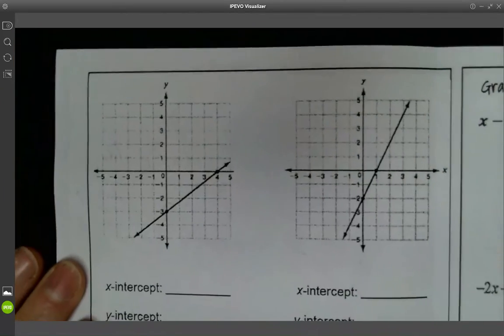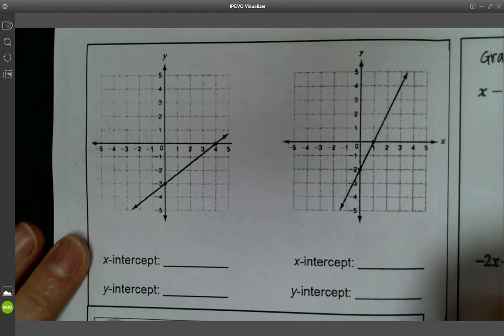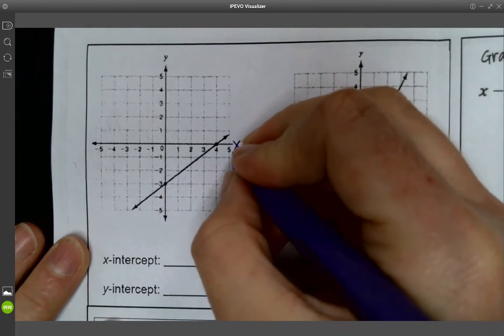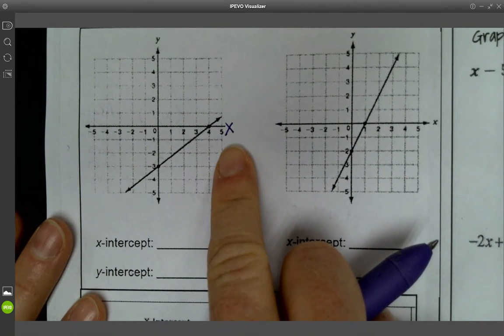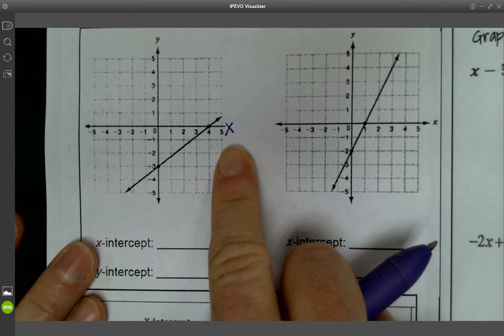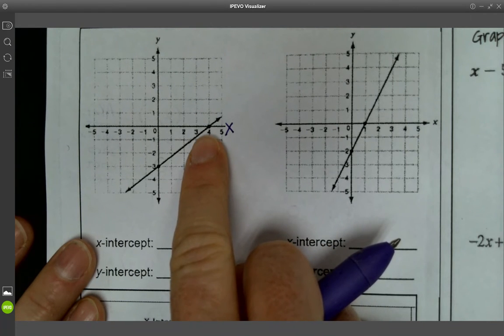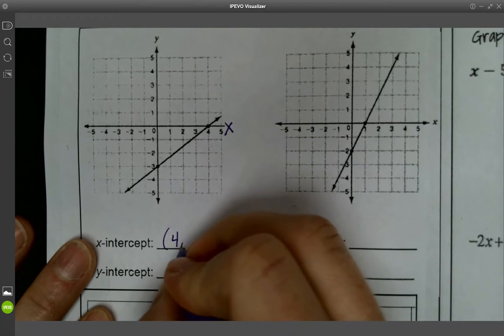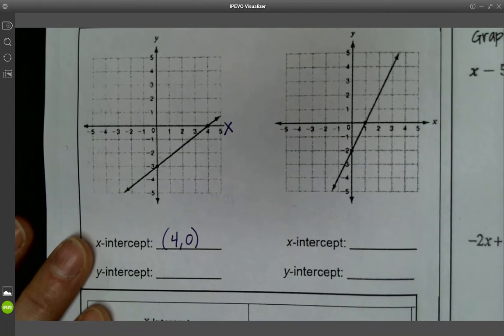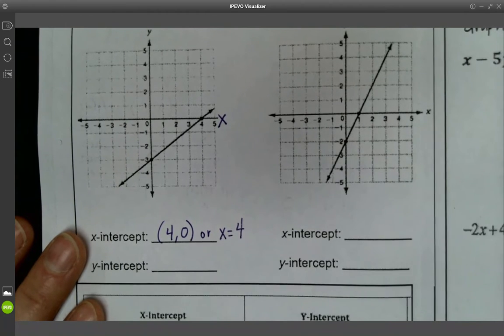So let's look at these two examples. We're just looking for the x and y intercepts. Label your x-axis on this one. It got cut off. You can write the x-intercept as x equals 4, or you can write it as a coordinate pair, so it'd be 4, 0.